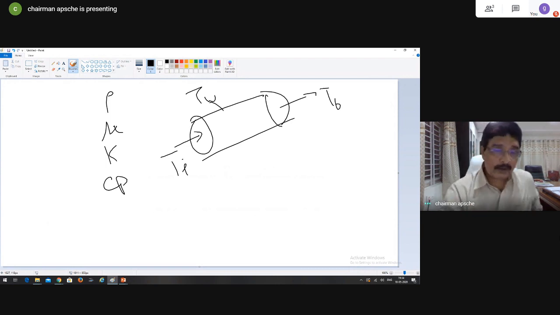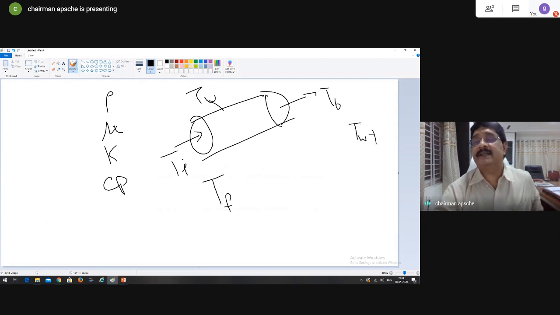So, where do you estimate these properties? Earlier you were estimating at (TW plus T infinity) divided by 2. But this time you are coming across three temperatures.